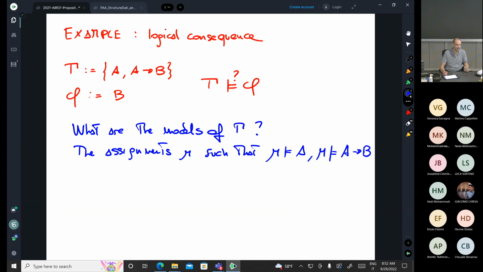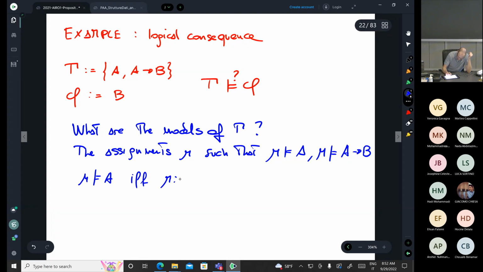Now, in order to make A true, there is only one possible assignment. So mu satisfies A if and only if mu assigns A to true.